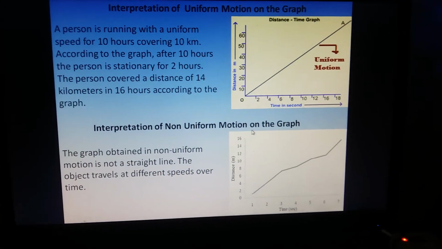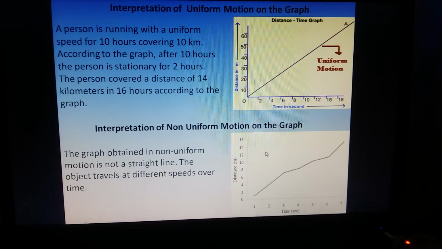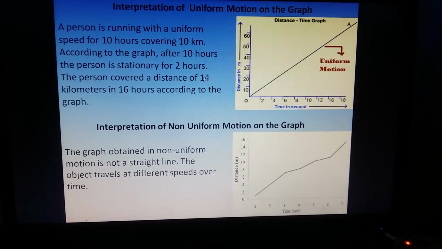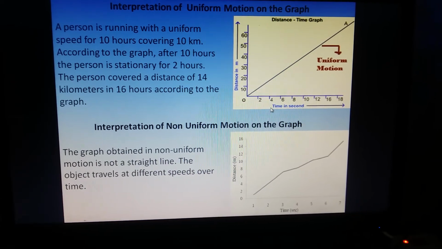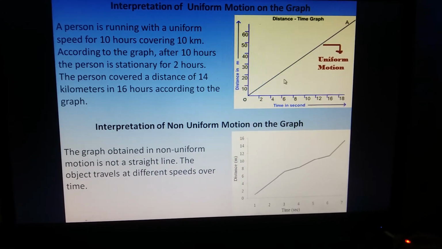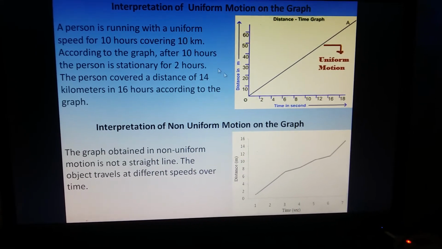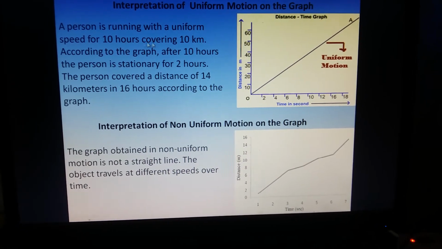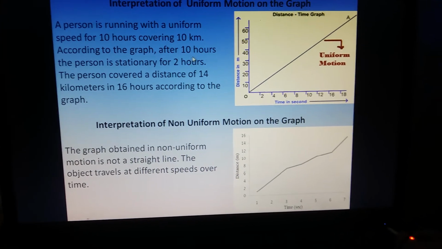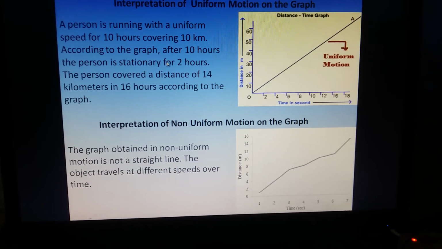Now in this there can be uniform motion or non-uniform motion. If a person is running with a uniform speed, that means 10 kilometers in 10 hours, then 20 kilometers in 20 hours. Then after 10 hours a person is stationary for 2 hours.